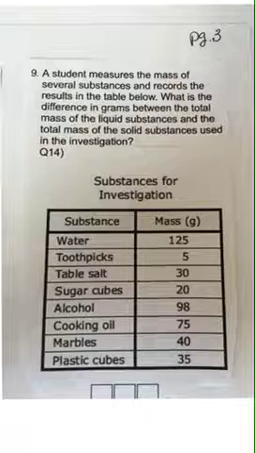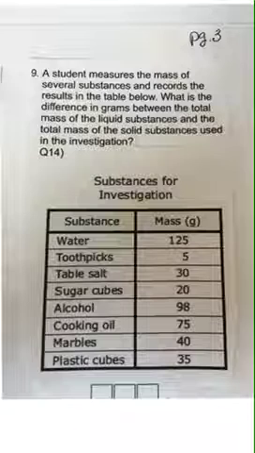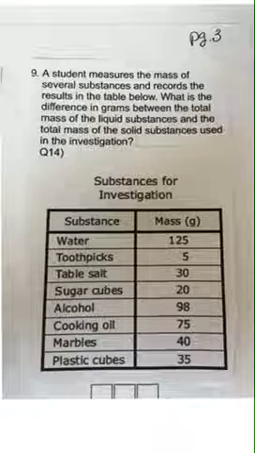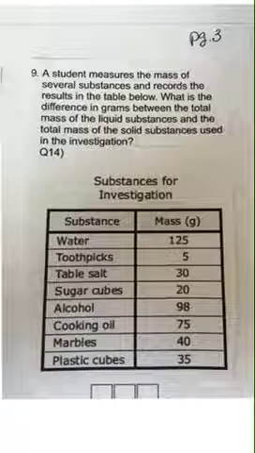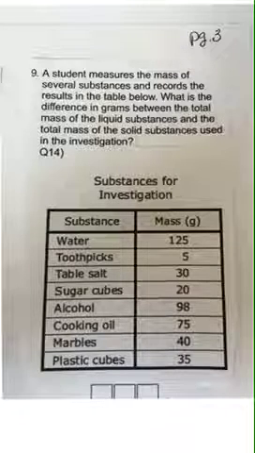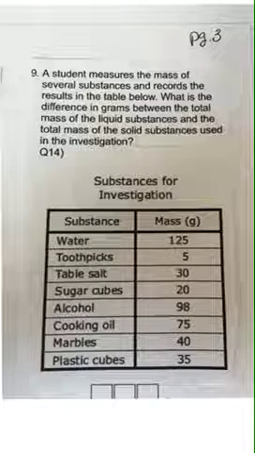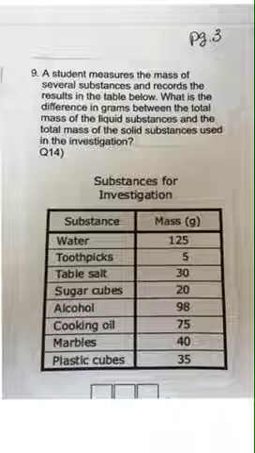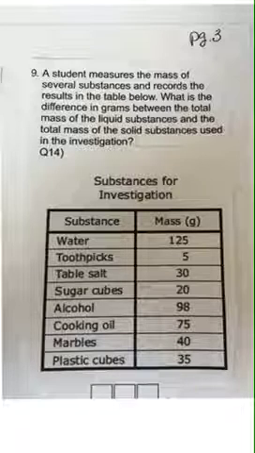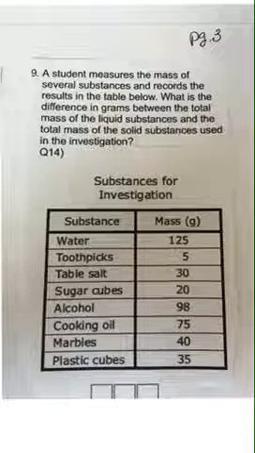Number 9. A student measures the mass of several substances and records the results in the table below. What is the difference in grams between the total mass of the liquid substances and the total mass of the solid substances used in the investigation?